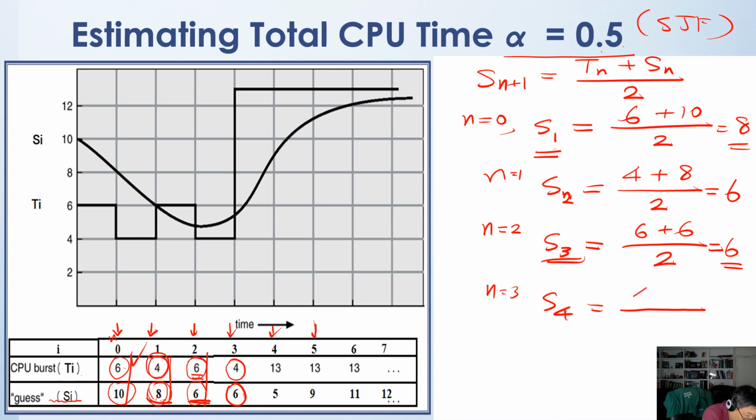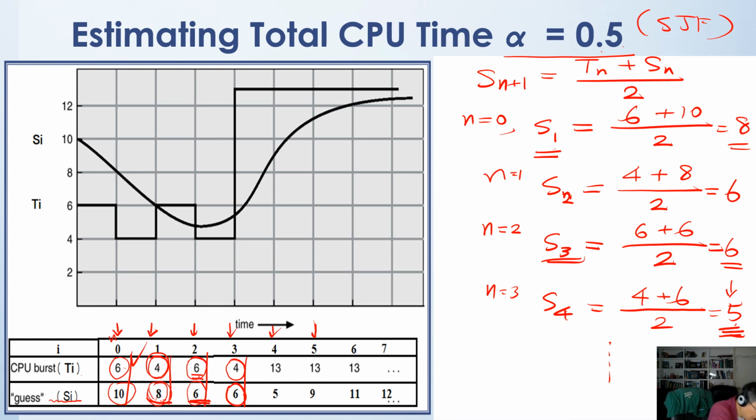So the observed is 4, predicted was 6. We use these two data, and we got a 5. Because the observed CPU time was 4, which is smaller than the predicted CPU time, we adjust the predicted number to make it smaller. Okay, so we just keep doing that.